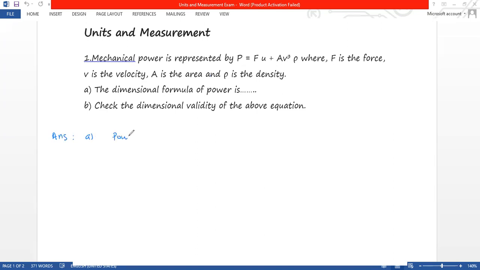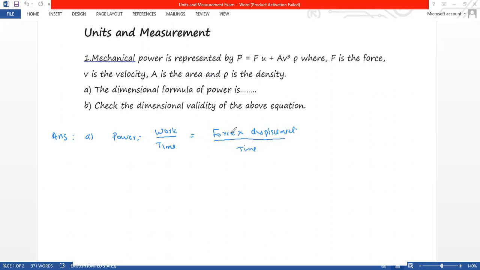Power equal to work divided by time. Then what is work? Work is same as force into displacement, divided by time.